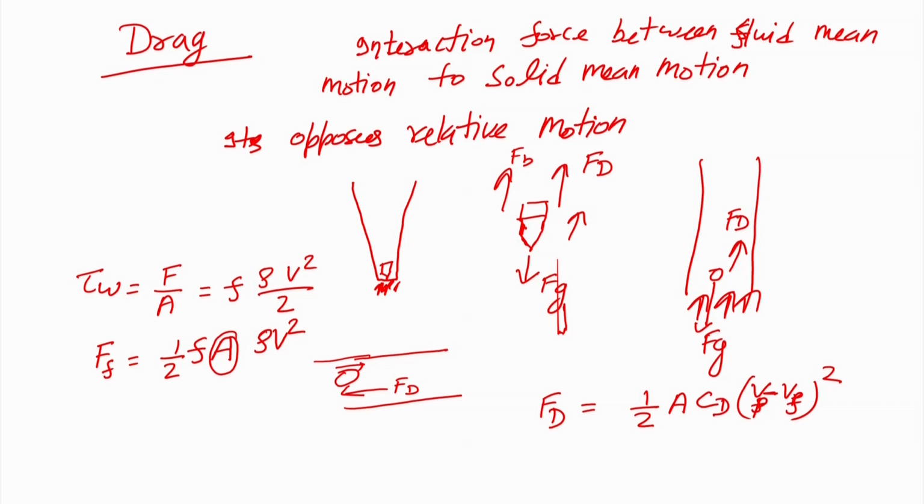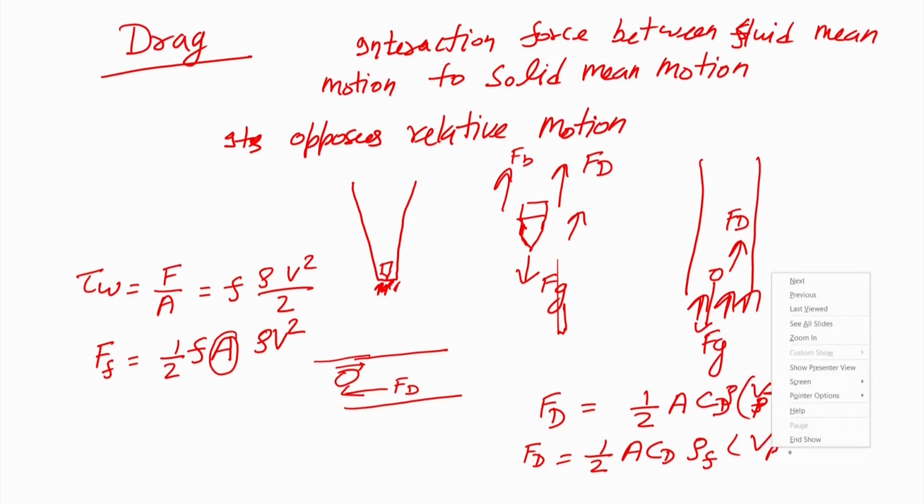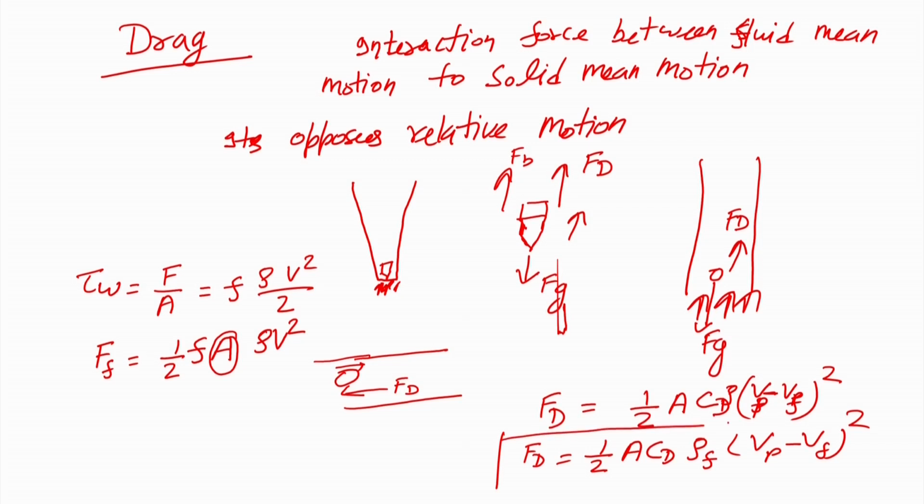So, this is the way this acts, and there will be one more rho term. So, Fd will be equal to what? It will be half A CD rho of the fluid into V of particle minus V of fluid, square.